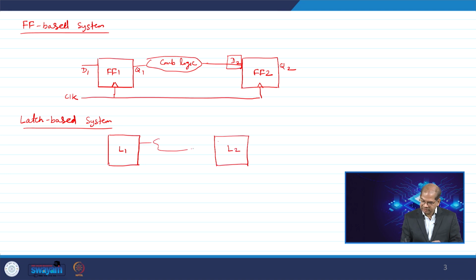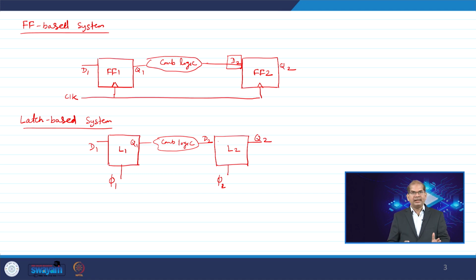There is some combinational logic, and you have clock phi 1 and phi 2 going to L1 and L2. If your combinational logic is larger than the actual time period, the data will go to the outside of latch 2. Let us say this is D1 and this is Q1, this is D2 and this is Q2.